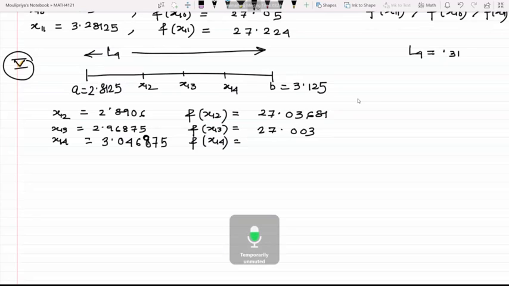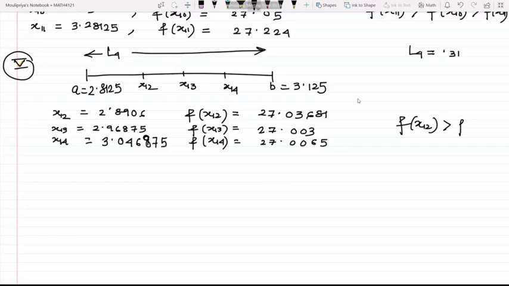Okay, so here again what we figure out is that f of x12 is more than f of x13 and f of x14 is also more than f of x13. So we would be eliminating a to x12 and x14 to b.